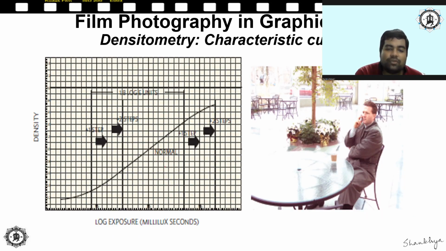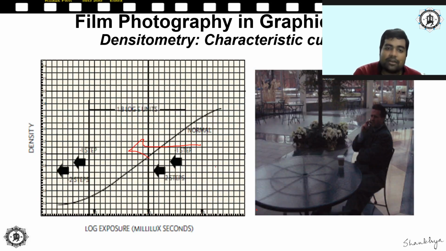But once we use a film which has higher sensitivity, that means the curve is very steep in nature, that particular film is going to get overexposed. That means the difference between the most shadow area and the most highlight area is going to increase so much that we will lose some detail in the highlight area. But in this case, when the contrast is low, we are losing some detail in the shadow area.